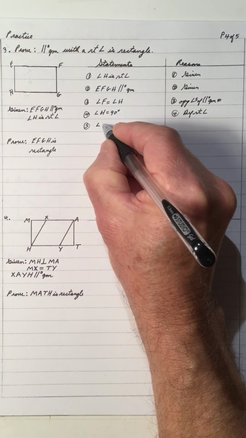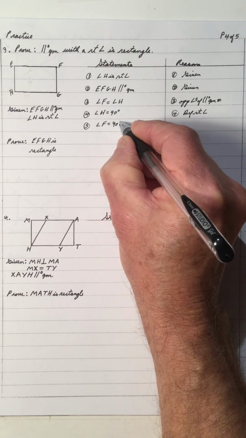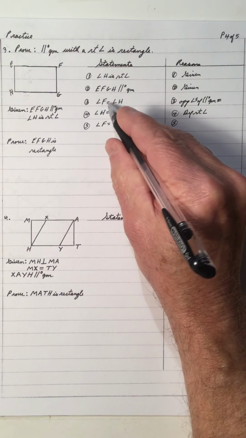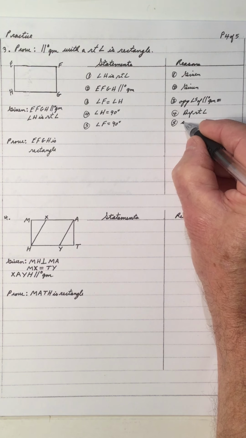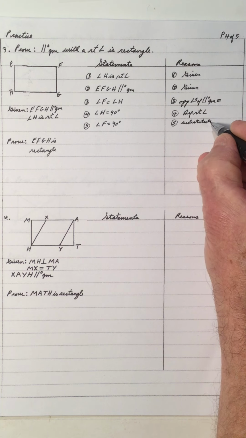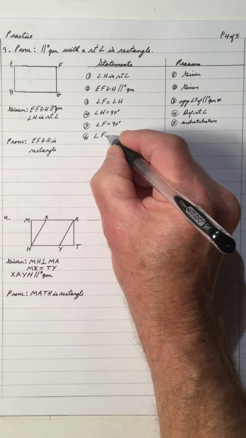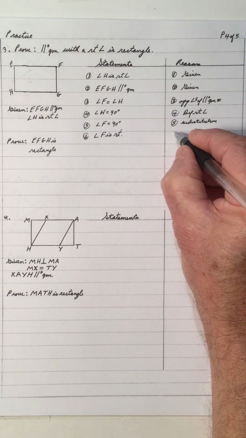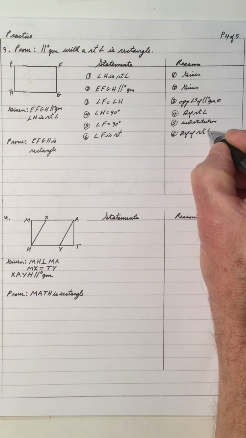So that means that angle F is equal to 90 degrees by substitution or transitive property, your choice. So that means that angle F is a right angle. Definition of a right angle.